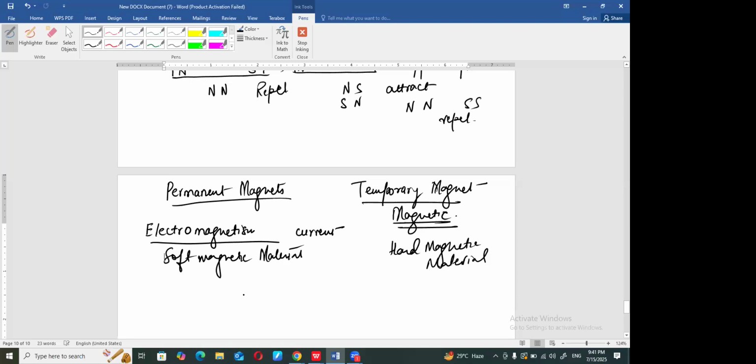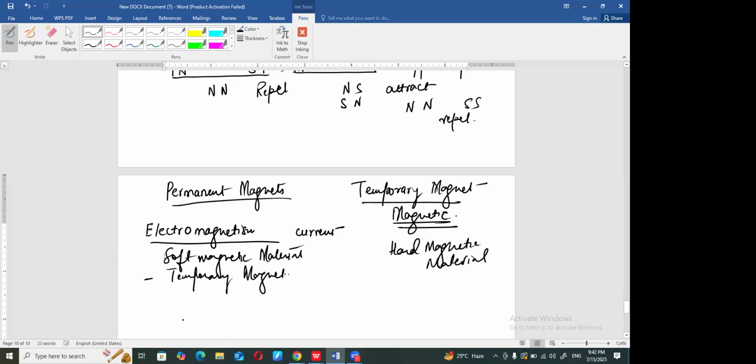Soft magnetic materials are materials that are soft, first of all. Once electricity is passed through them, they convert themselves into a temporary magnet for a small period of time.